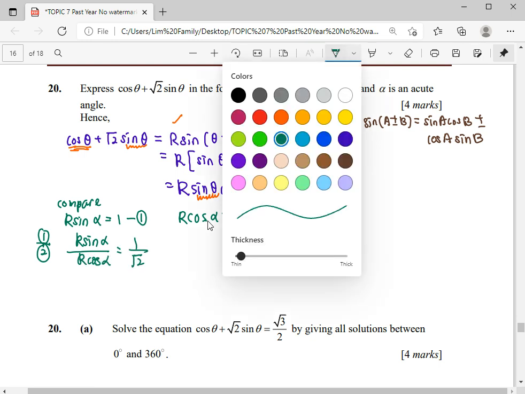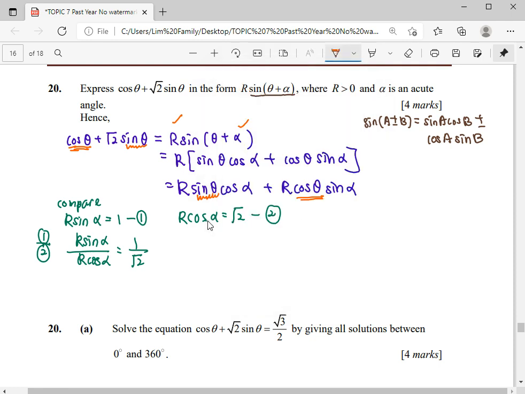From here we can see that when we use division, our r can be eliminated, and I get tangent alpha. So I can get the angle alpha first. We shift our tangent of 1 over square root 2, we get 35.26. So this is how we eliminate r and get the constant alpha.